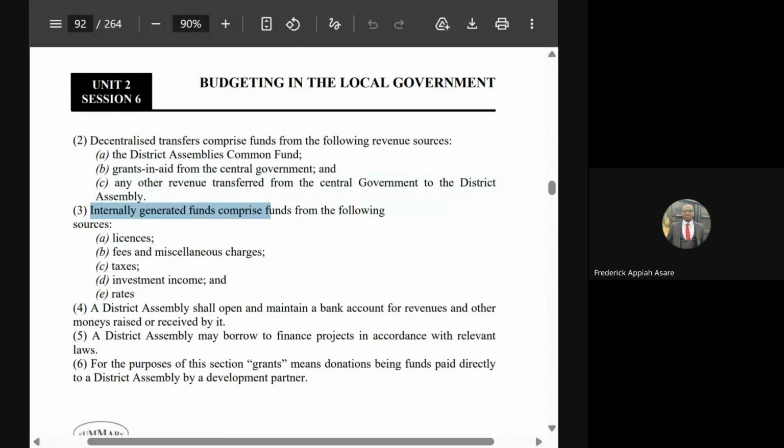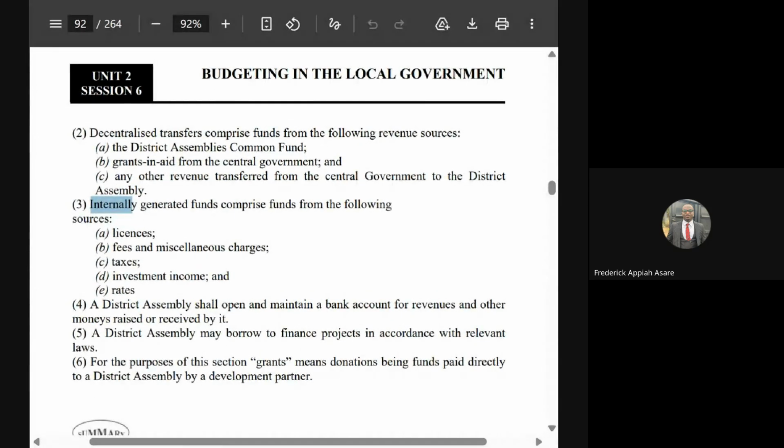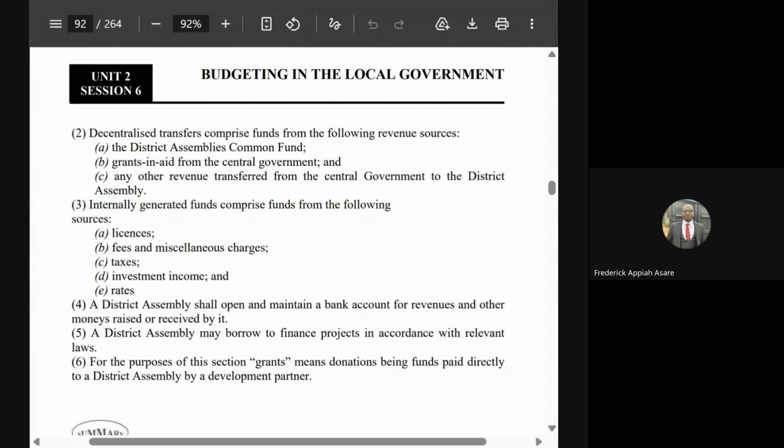The internally generated funds comprise the following. It consists of the licenses. So if you go to the district assembly for them to give you a license, maybe for your business operation, the amount that you pay falls under the internally generated fund. Then the fees and miscellaneous charges.